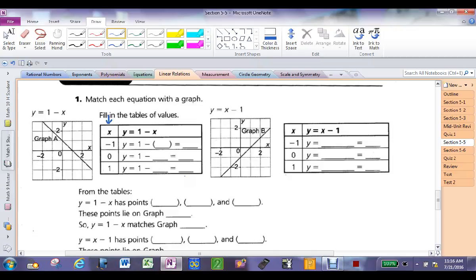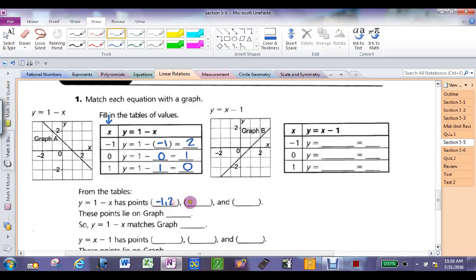What number goes here? Negative 1, because I've said right here that x is negative 1. What is 1 minus negative 1? 2. What goes here? 0. What's 1 minus 0? 1. What goes here? What's 1 minus 1? 0. So this equation has what 3 points?